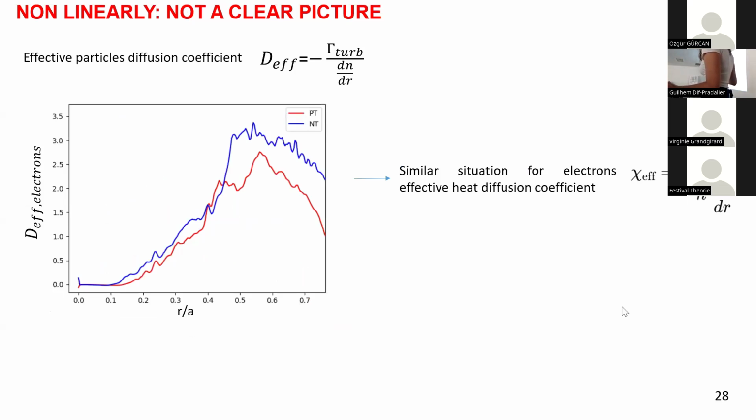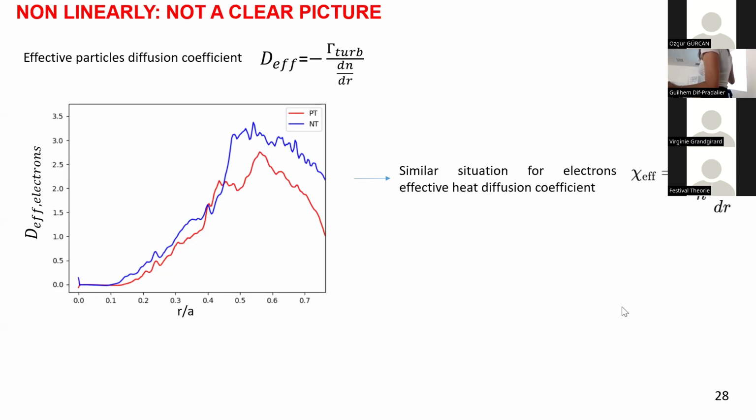Furthermore, if we look at the effective particle diffusion coefficients, so if we divide the turbulent particle flux by the density gradient, the drive of the instability, and we compare negative and positive triangularity in the electron channel as a function of the radius, we see that the particle diffusion coefficient is higher for negative triangularity with respect to the positive one.